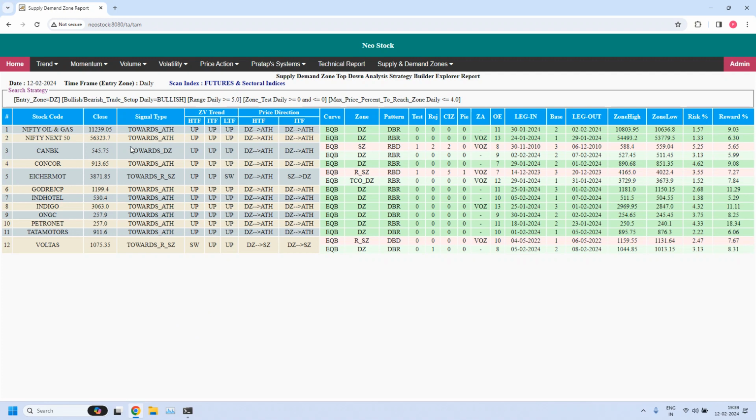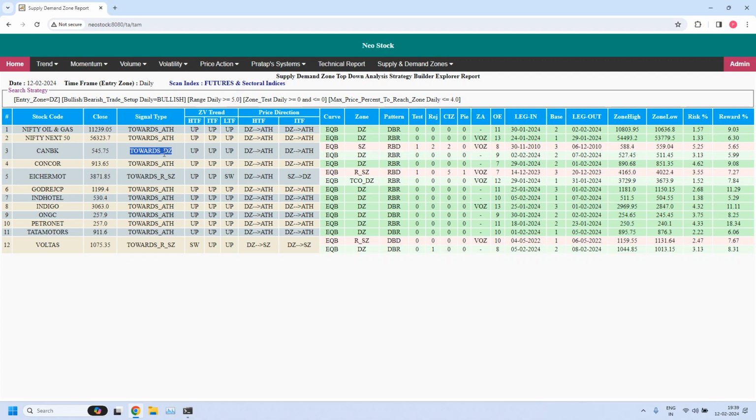Yeah, this is the one stock moving towards the demand zone: Canara Bank. Currently, Canara Bank is moving towards the demand zone, and it is within the 4% level. Probably it is between 3 to 4% before the zone, because it is not listed within the 3% level. This is the only one stock currently whose price direction is moving towards the demand.